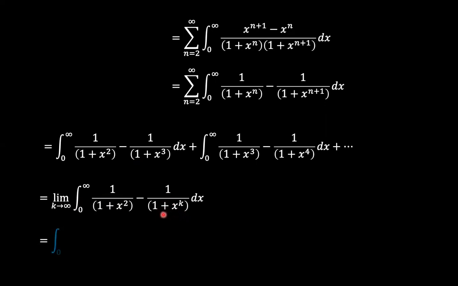Which can further be simplified by now taking this limit sign over here. So it's the integral of 1 over 1 plus x squared minus the limit of k tending to infinity of the integral of 1 over 1 plus x to the power k.